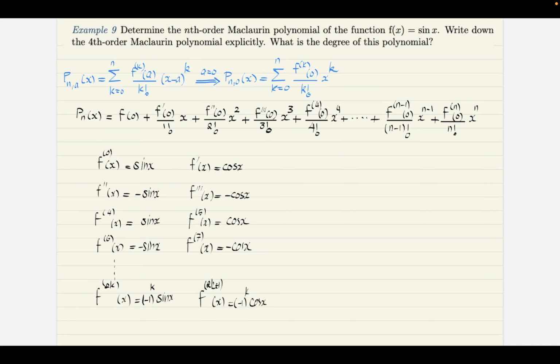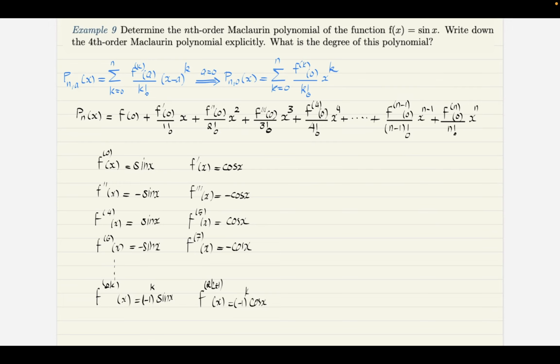Or if you want to think through the pattern, it is very simple. For example, if 2k plus 1 is 1, it means k is 0, and you should have positive. But if 2k plus 1 is 3, it means k is 1, and it should be negative. So that's correct.